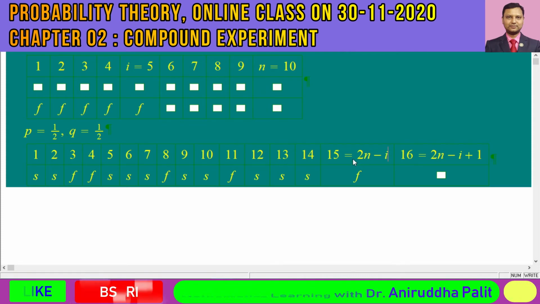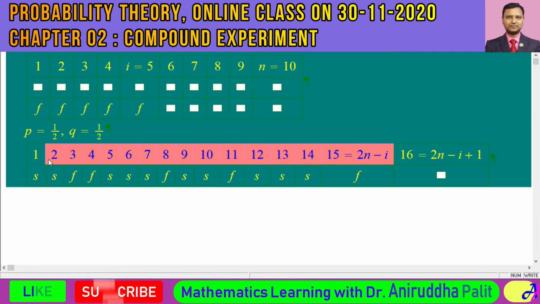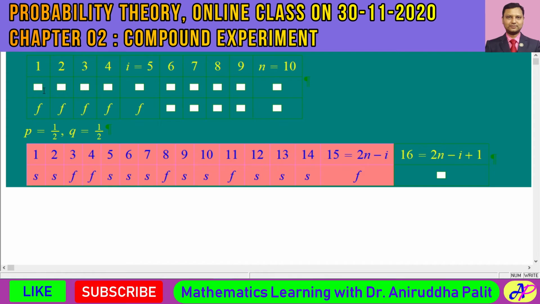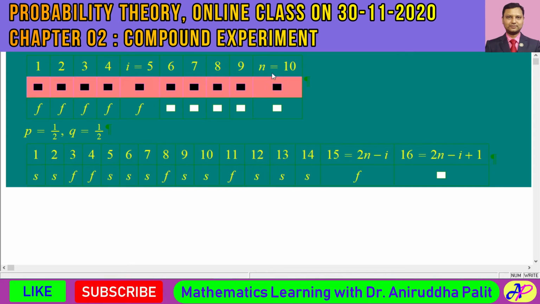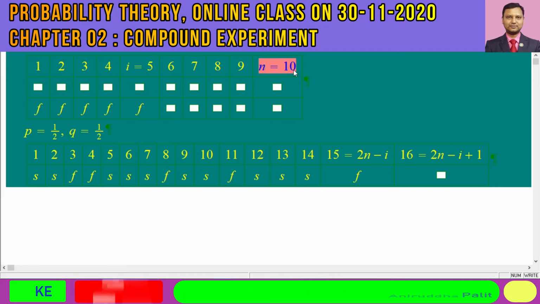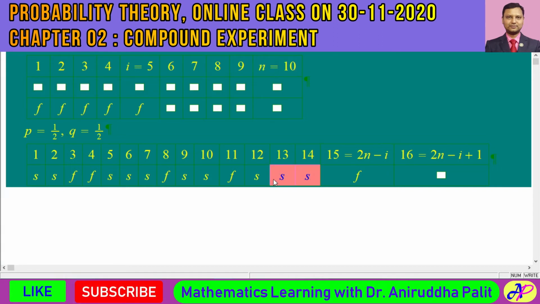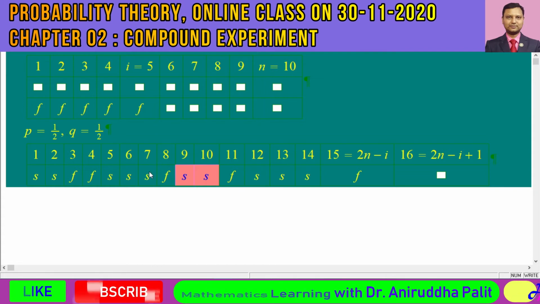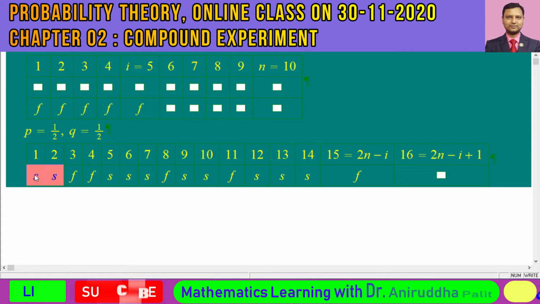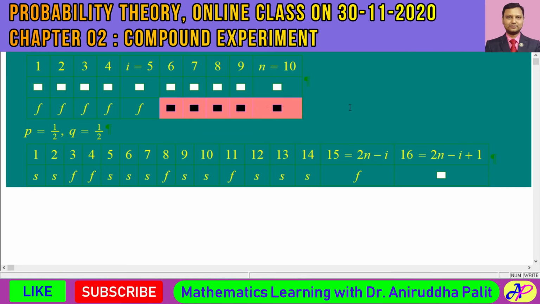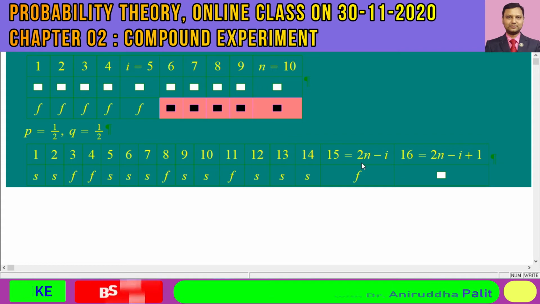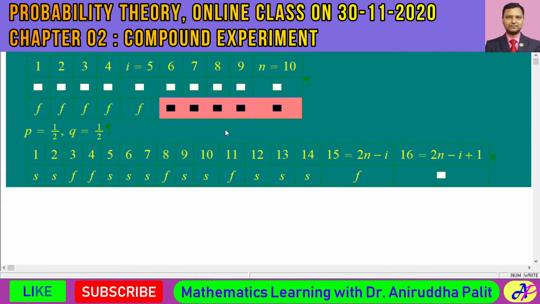Okay, so out of these previous 15 trials we have chosen this first box n number of times and consumed all these n number of successes previously. And along with that we have chosen the second box n minus i number of times.